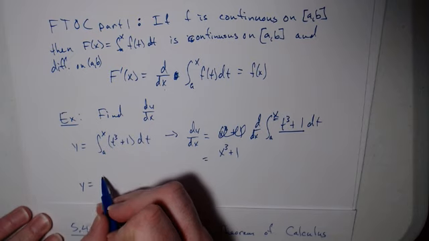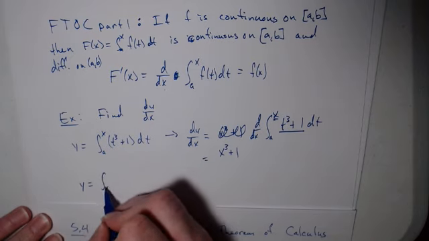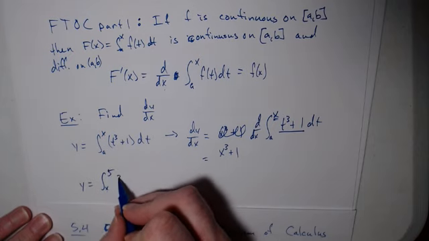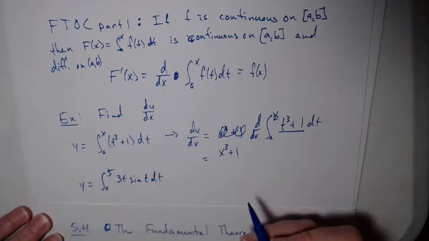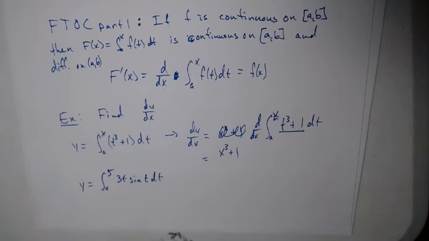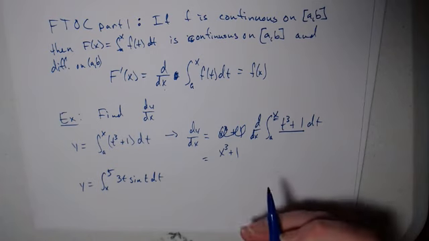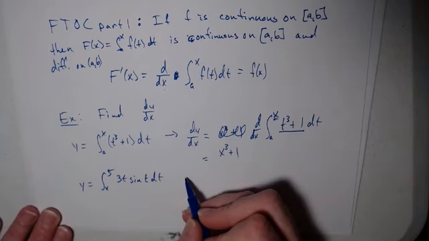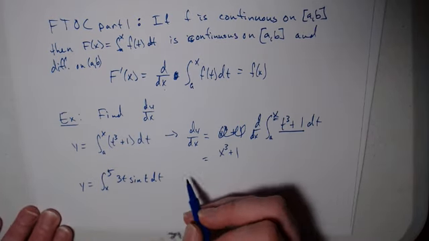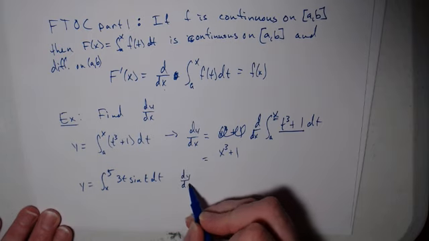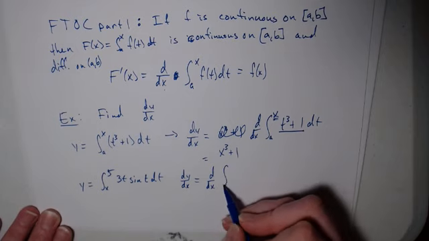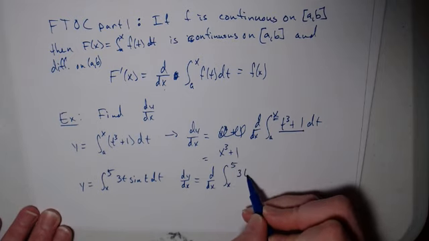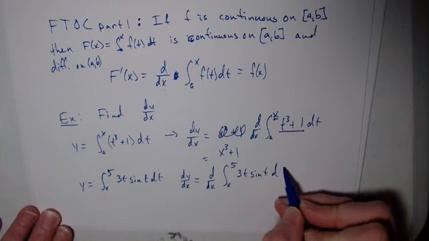B gives us a little bit of interest here. So I'm following example 2 on page 332 if you want to read along in the book. This is the integral from x up to 5 of 3t sin t dt. Before we can use the fundamental theorem on this, we need to write the x as the top limit. So dy/dx is equal to d/dx of the integral from x to 5 of 3t sin t dt.